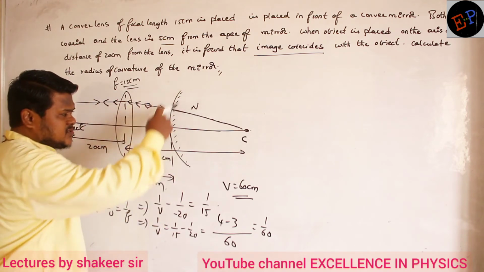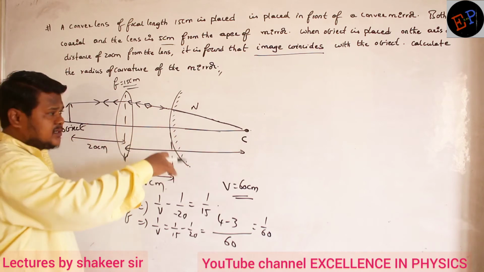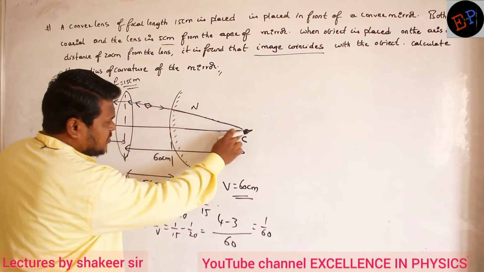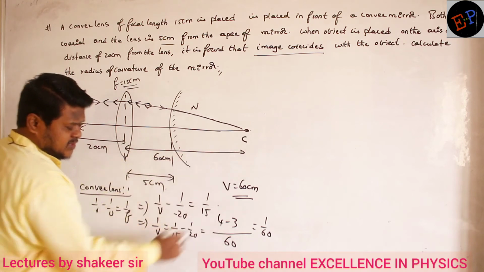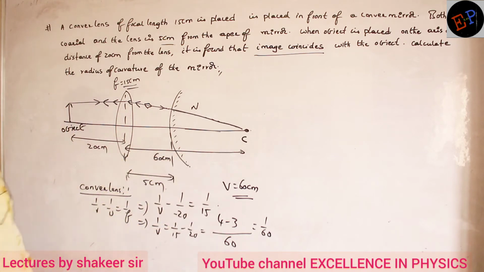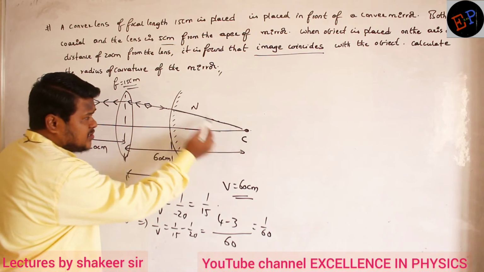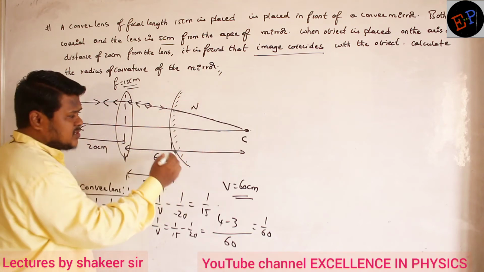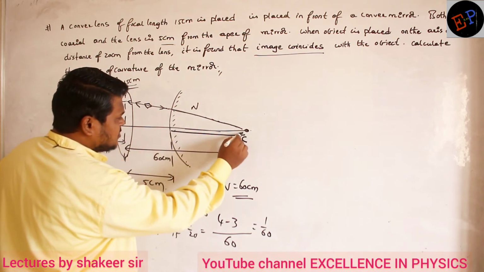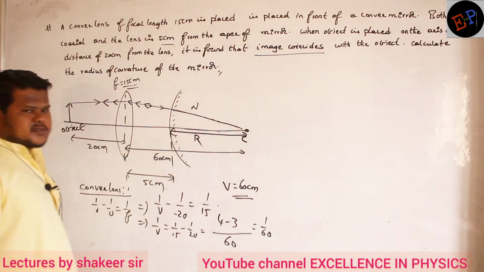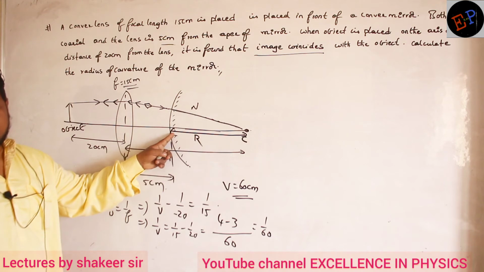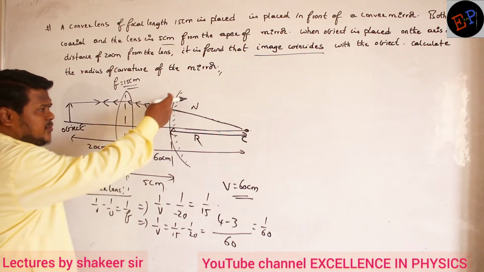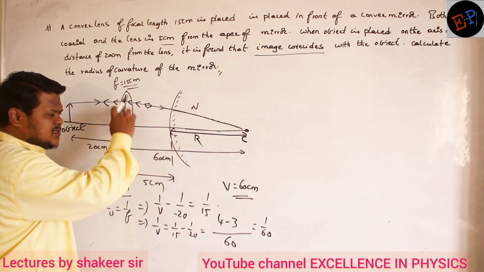If there is no mirror here, light would travel and fall somewhere here. What is this distance? 60 centimeters. But this light ray should become normal to this mirror. So this distance is nothing but the radius of curvature. The mirror is present at 5 centimeters from this lens.